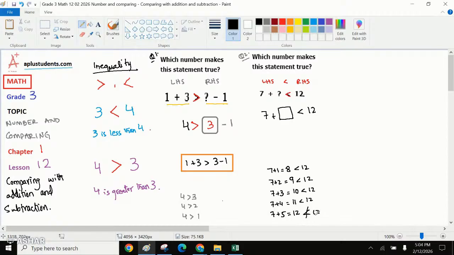It is equal to 12. So this statement is not possible, but all these other statements are true. Agreed? So we can choose any number out of these 4 choices. Can I say 7 plus 4 is less than 12? It's still true, right?